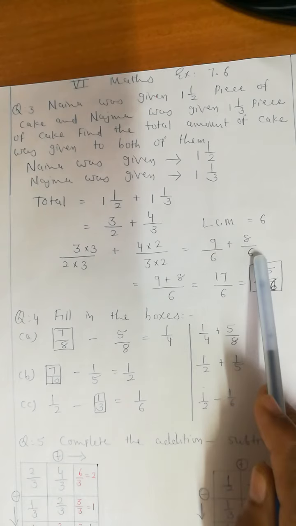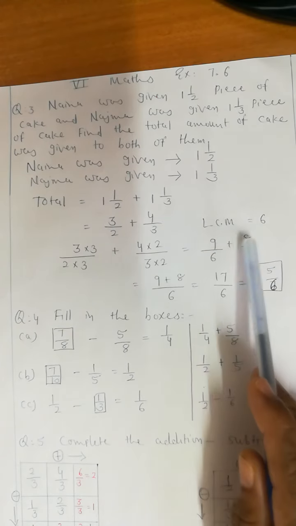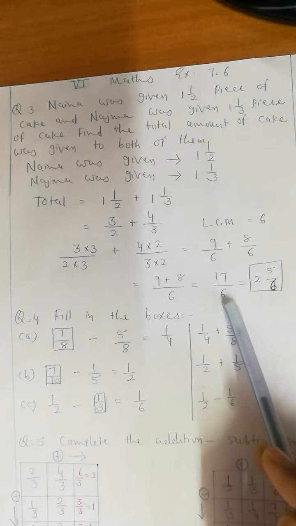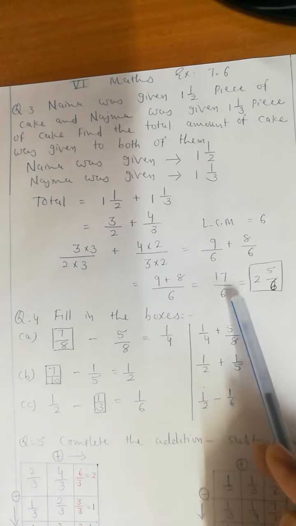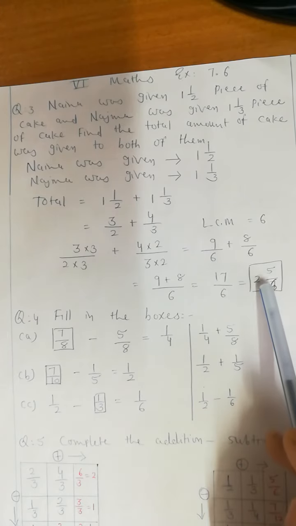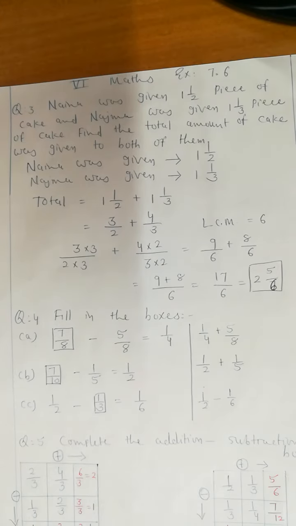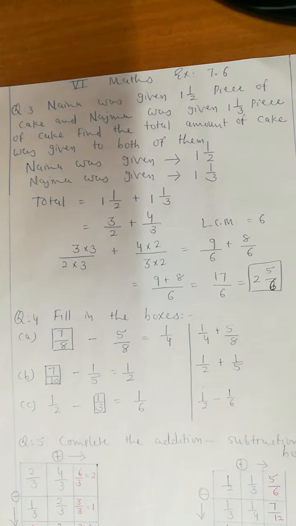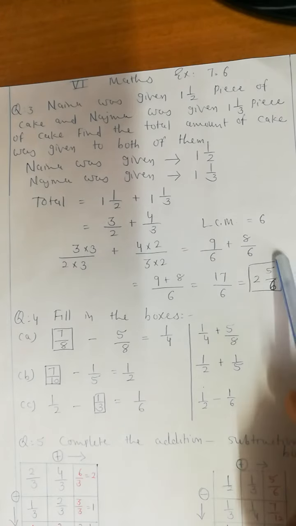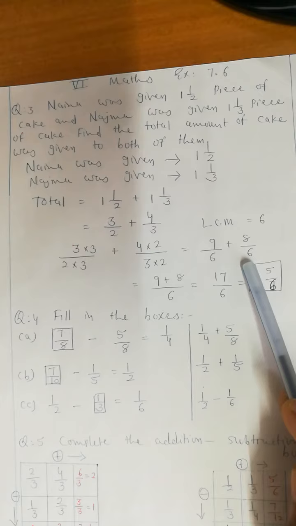Now denominators are same, 6. 9 plus 8, 17. 17 upon 6. Now this is an improper fraction. Therefore, you have to divide. 6 twos are 12. 17 minus 12, remainder will be 5. Therefore, your mixed fraction will be 2 integer 5 upon 6. Means total amount of the cake given to both of them will be 2 integer 5 upon 6.